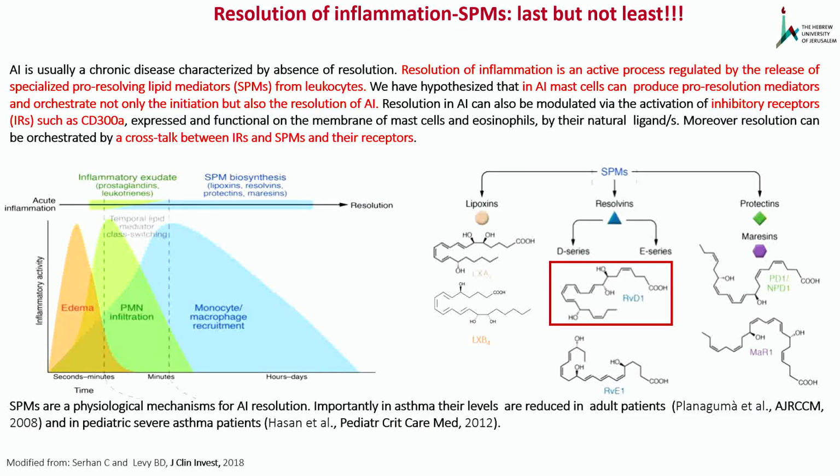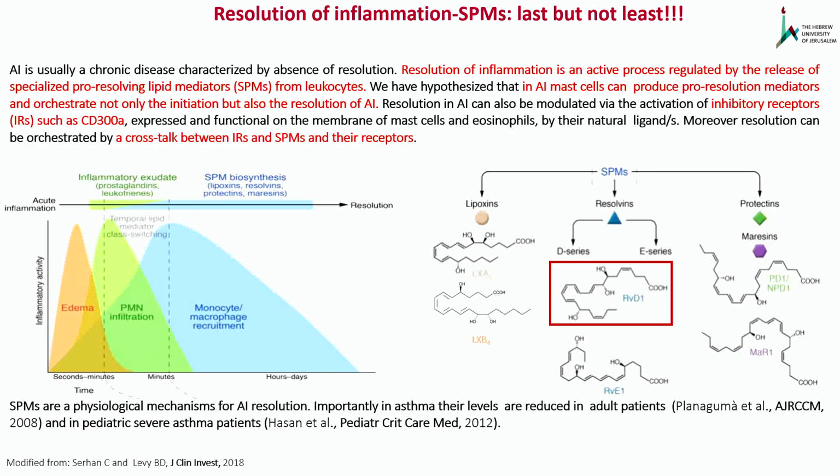Okay. Now, I can go fast. I don't need to explain to you anymore what is resolution of inflammation. This is a part that we developed together with Bruce Levy.